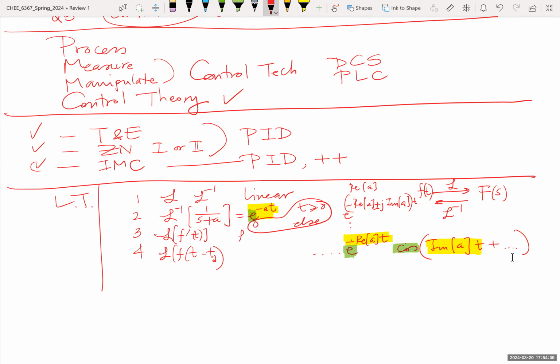Laplace of a derivative is related to Laplace of the function itself in a simple way. It's simply s times Laplace minus the initial condition, that's all. And Laplace of a delay is related to Laplace of the function without the delay through the simple exponential of minus delay times s.